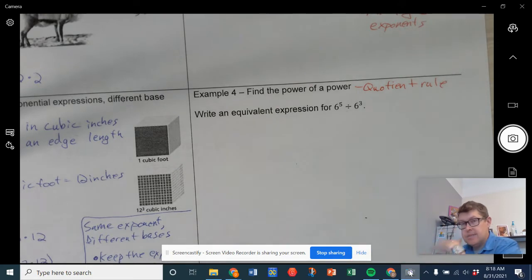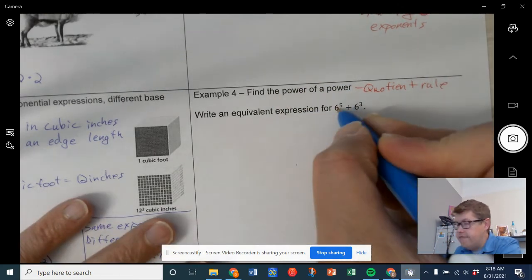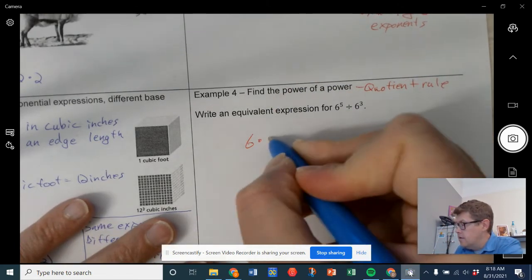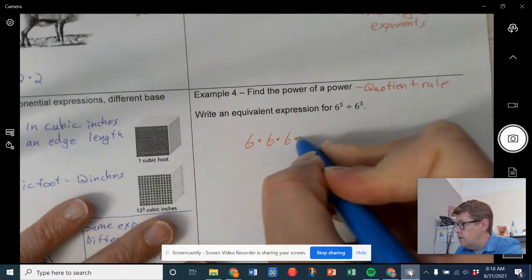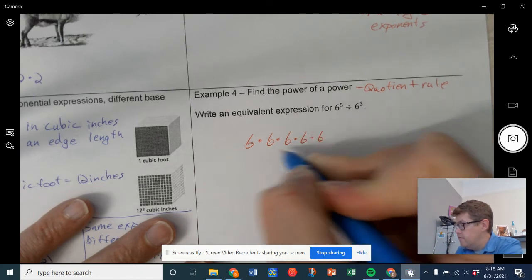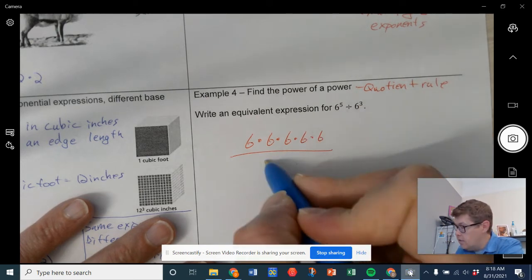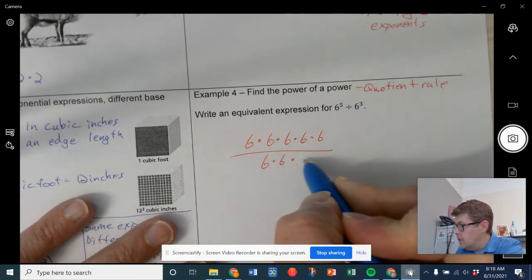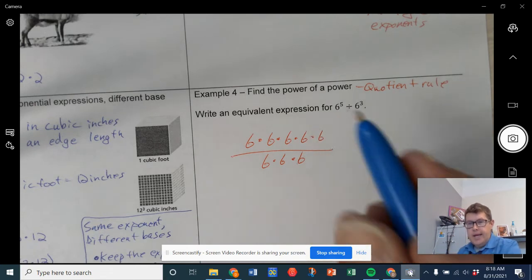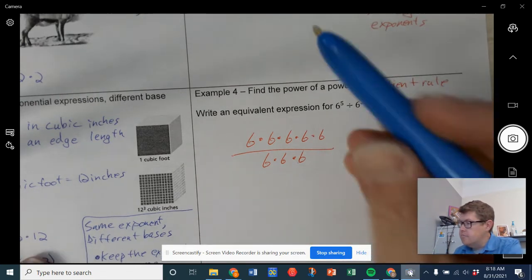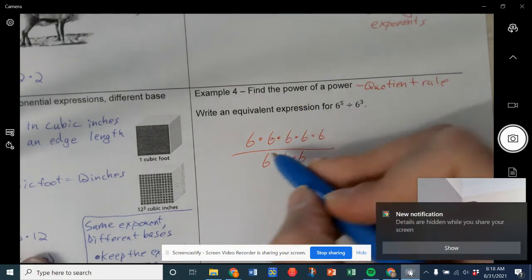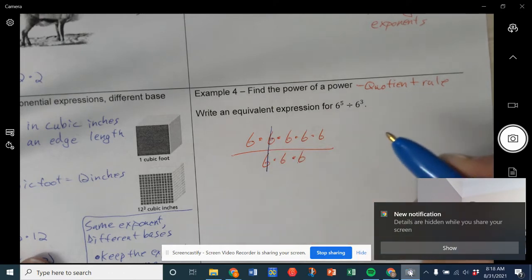And so I'm going to expand this out, and I'm going to have 5 sixes here. 1, 2, 3, 4, 5. Yep. And then I'm going to be dividing by 3 sixes. Okay. And hopefully you realize that 6 divided by 6 is 1. So we can just cancel that out.